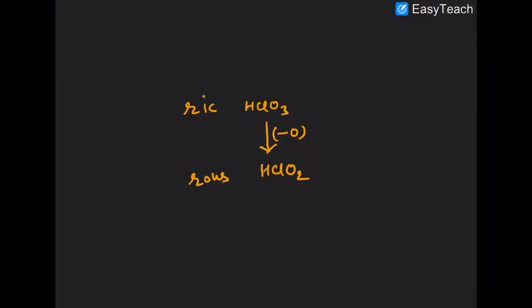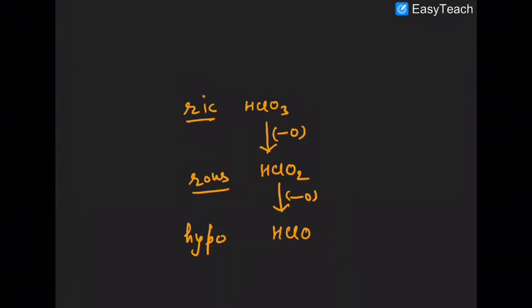So it is chloric acid. This is chlorous acid. If from the ous acid you remove one oxygen, you become hypo acid. What you are getting? Hypo acid. Actually it is HOCl.